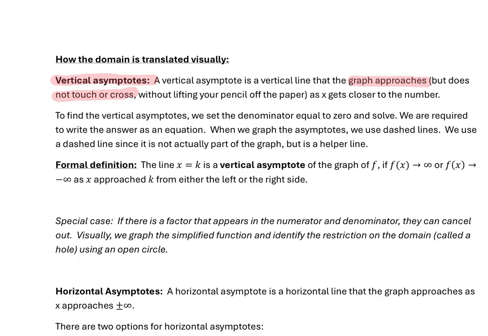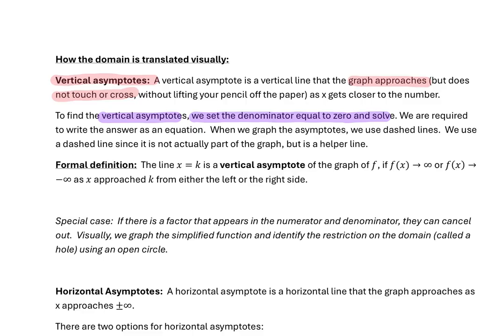So, to find vertical asymptotes, we do the exact same thing that we did when we talked about domain. In order to find the vertical asymptotes, we set the denominator equal to 0 and solve. The difference is, with domain, we say x is not equal to this number. A vertical asymptote is a line, and so we are going to write it as an equation.